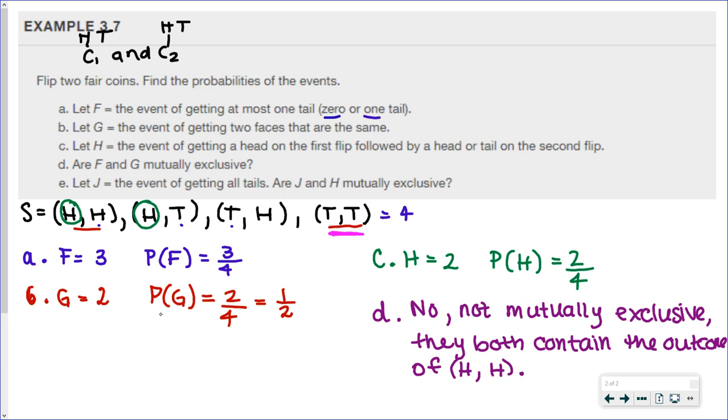When I'm answering this question E, I'm going to look at J and H. Again, H is the green case, and we only have two options for the green case, HH and HT. We only have one option for the pink case here, TT. So they don't share anything in common, and we can say yes, these are mutually exclusive.